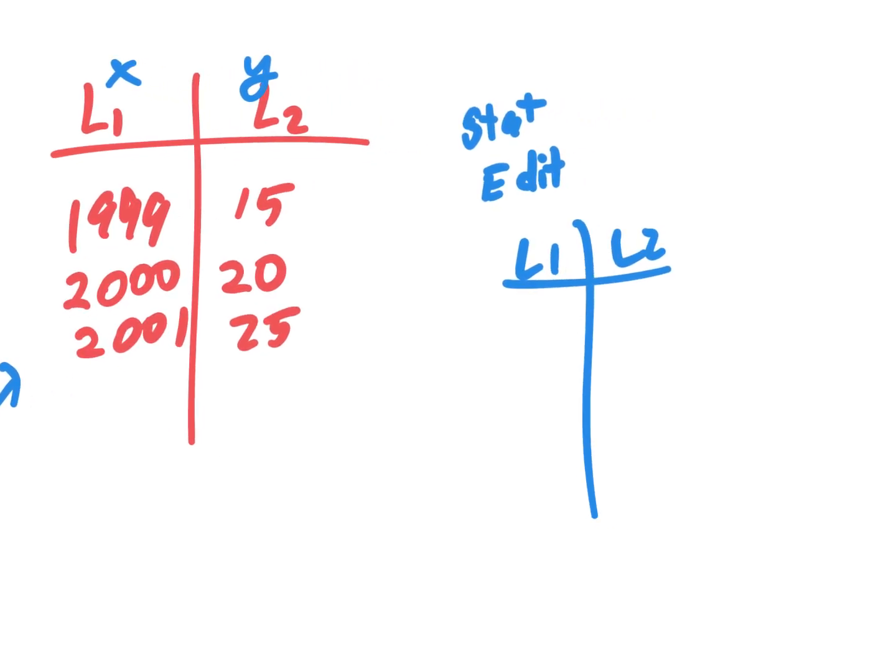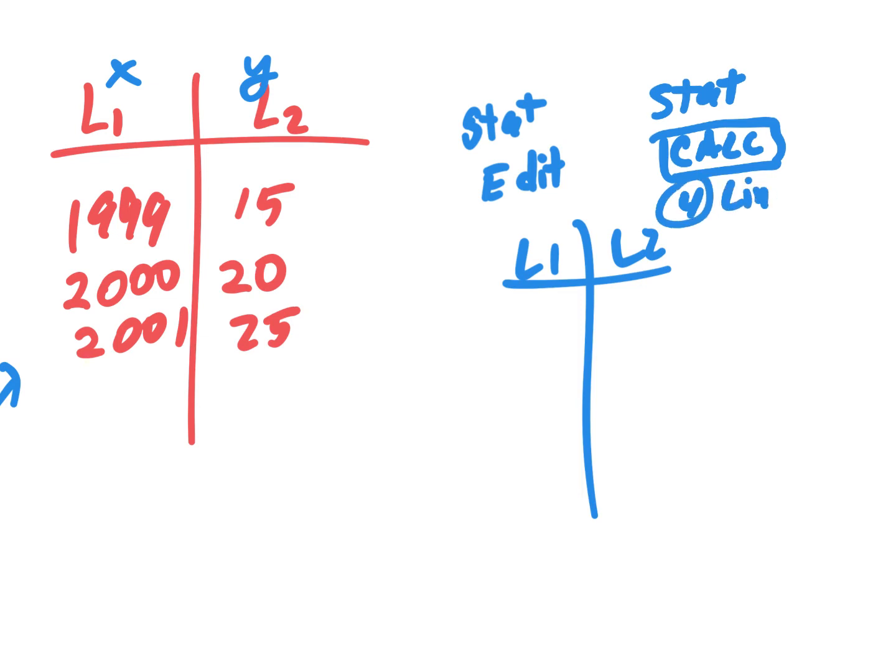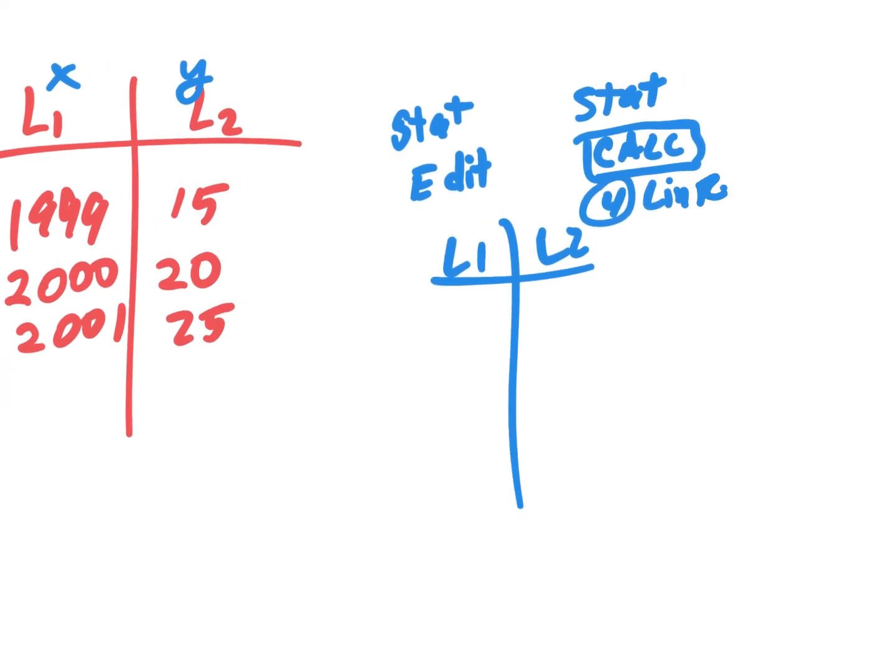Then once you've got that all entered, you are going to hit the Stat button again, and you're going to arrow over to the Calculate tab on the Stat menu and arrow down to the fourth one, which is Lin Reg, which stands for linear regression.